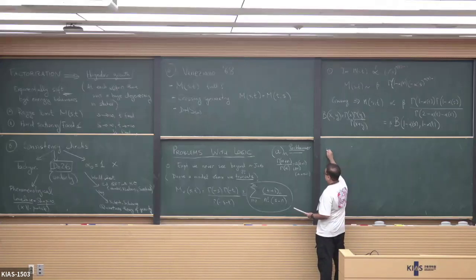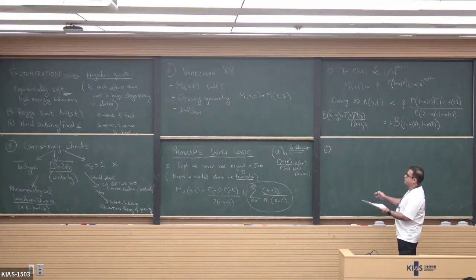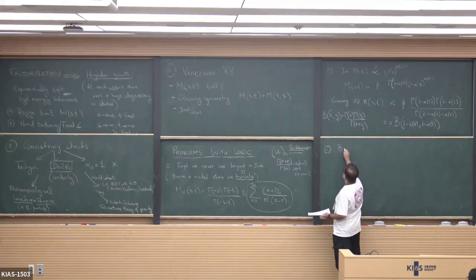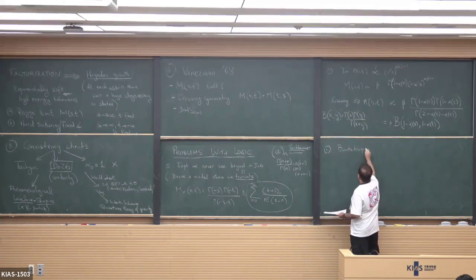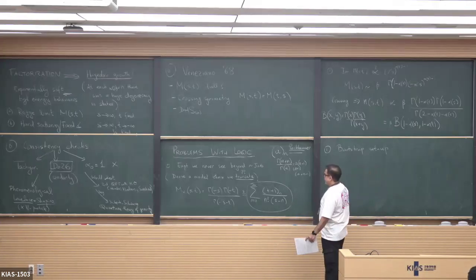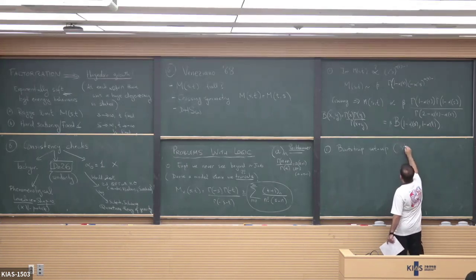Problem number 2 is that imagine that I knew that I'm supposed to recover the Veneziano amplitude in some limit. So what we can do is we can set up kind of a bootstrap question where we ask for an amplitude with certain properties. And so you're going to get a space of theories. So typically when we set up any bootstrap problem, we're going to get a space of allowed theories.